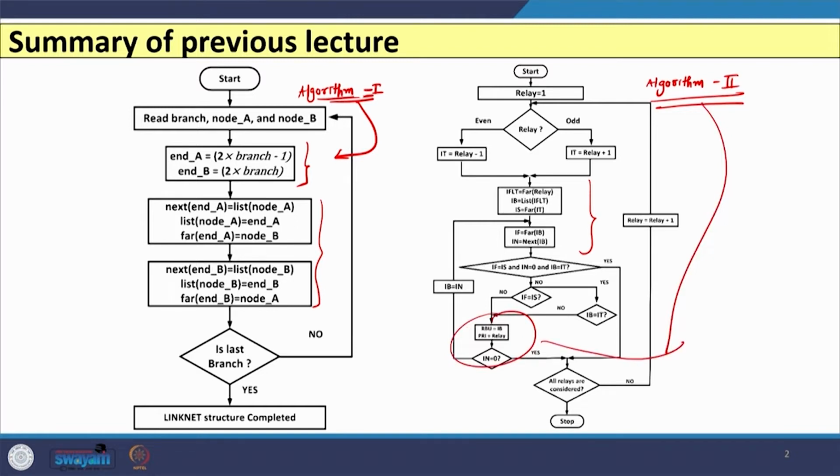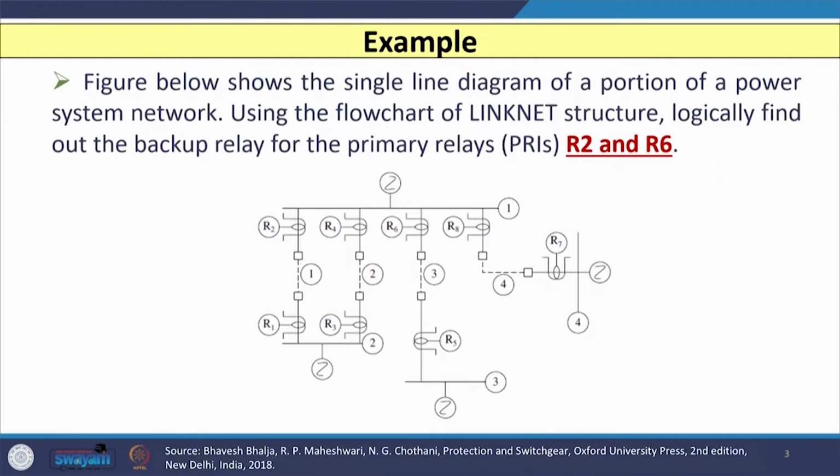So, for that now let us see one example, and we have also discussed the outline of the example. This is the system of a single line diagram where 4 buses are there, and that contains 4 branches, and as I told you earlier, each branch contains 2 relays.